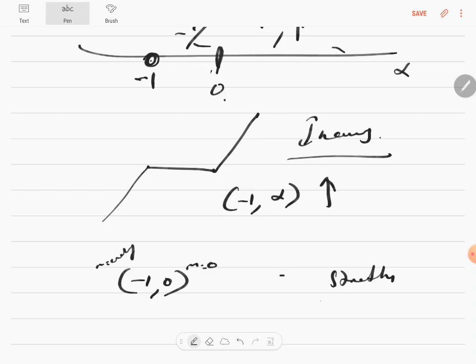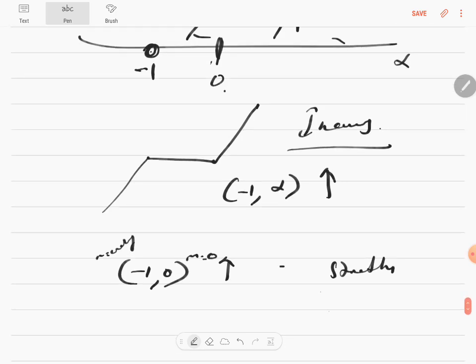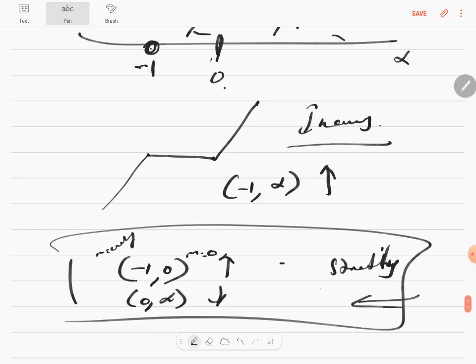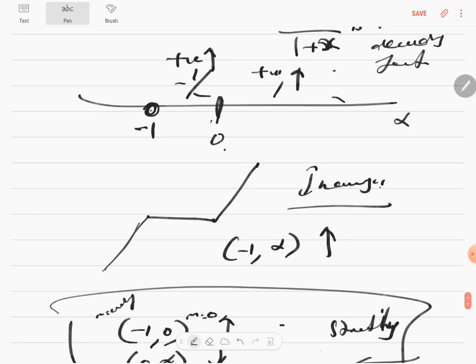I can't include both. At which it is increasing, and an open bracket 0 till infinity of open bracket, it is decreasing. The question is about strictly, but the question will not be strictly. The question is only general increasing, where you know increasing 0 and increasing means you should write a general statement like this. Are you clear?